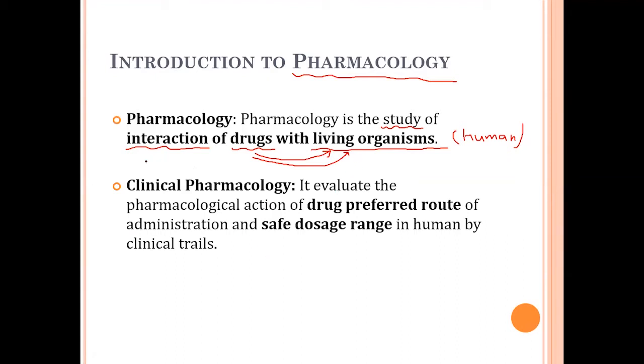That's the general information we will talk about. And clinical pharmacology is about how to safely use the medication or drugs. That's basically what we will learn in this class.